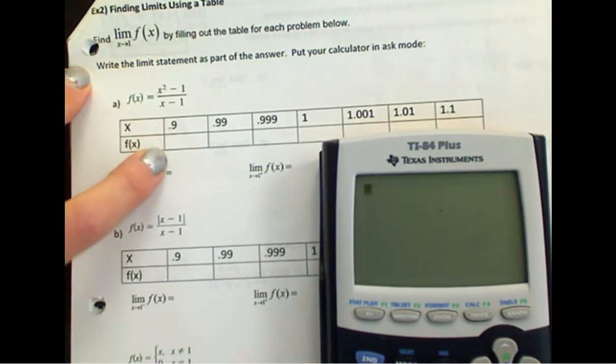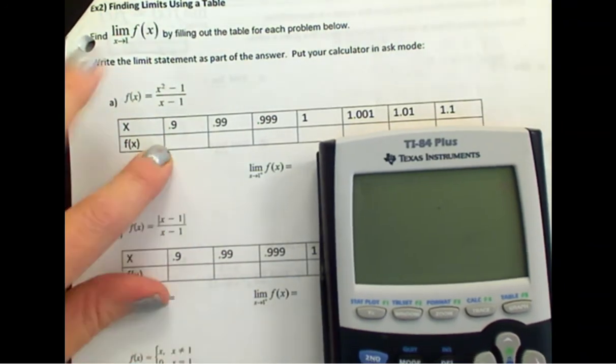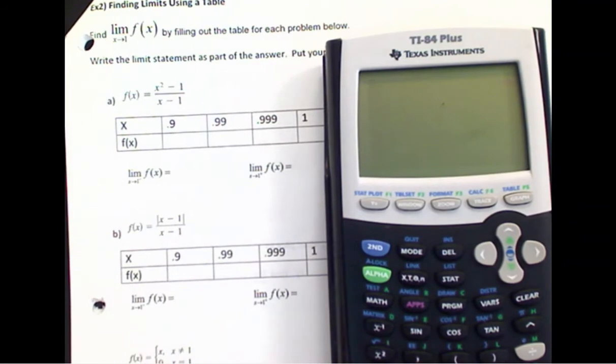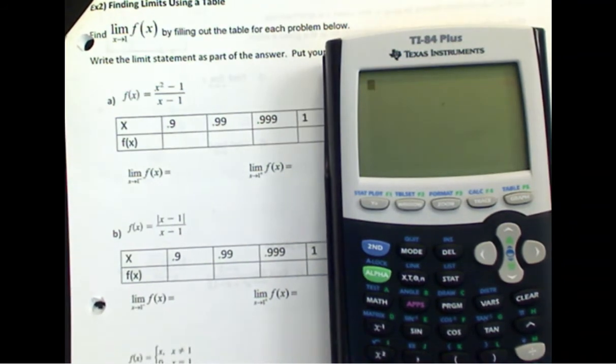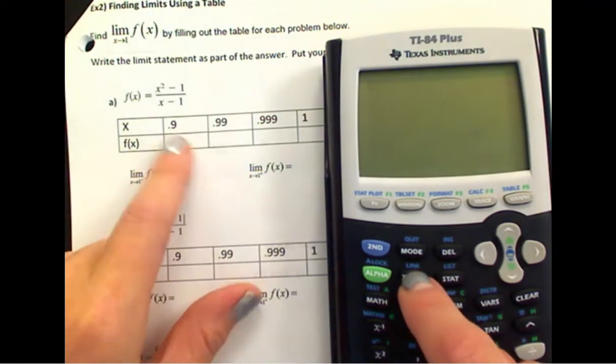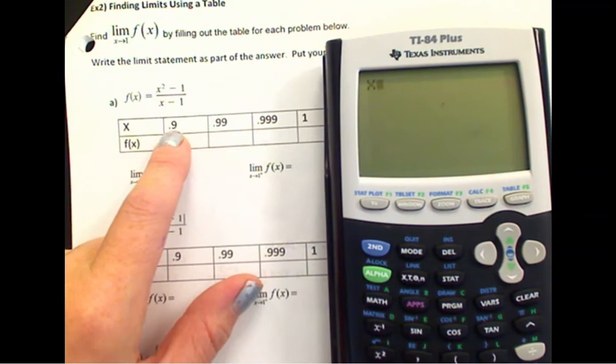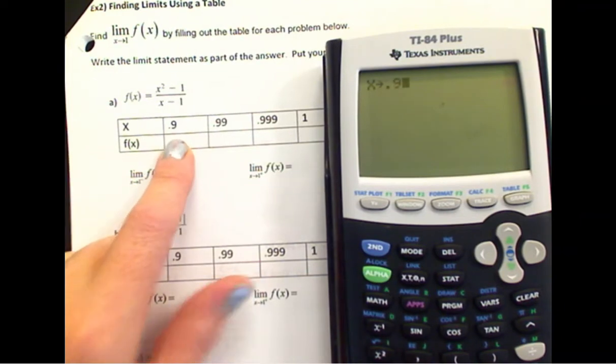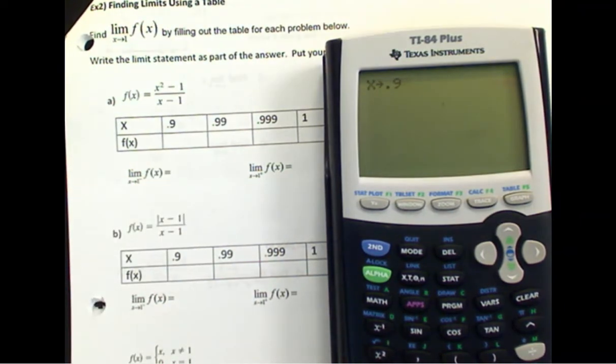Plug it in and figure out what the y coordinate is. You can type this in y equals. You can look at the table. It's actually probably faster to do this on the home screen. So, what we're going to do is you are going to store the value for x. X store 0.9. The reason I think it's faster this way is because there's less setup. Because I want x to be 0.9.